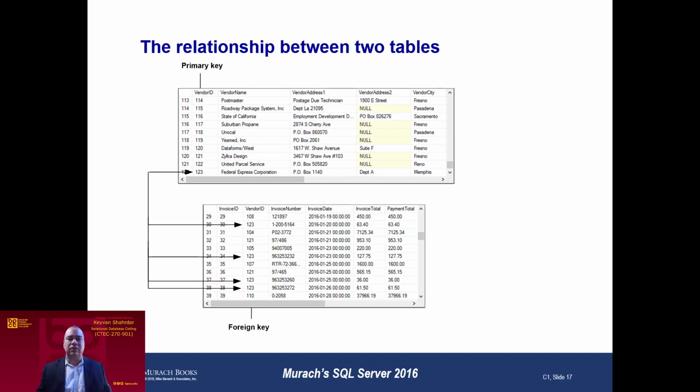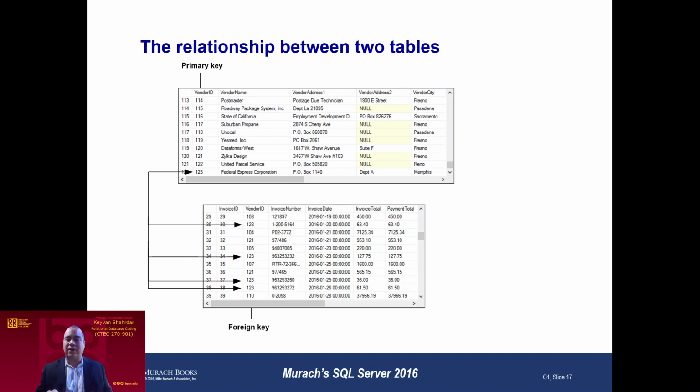The relationship between two tables. Let's say that we want to get the name of our vendors and their invoices. You see how you have this vendor ID here, and it's for Federal Express Corporation. By knowing the vendor ID, you query, hey, I want to know Federal Express invoices.